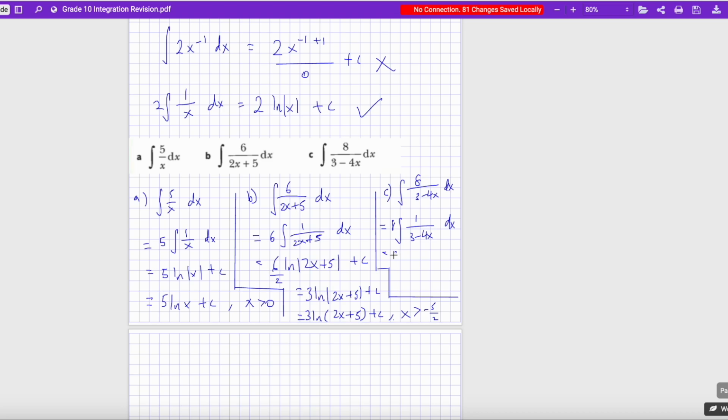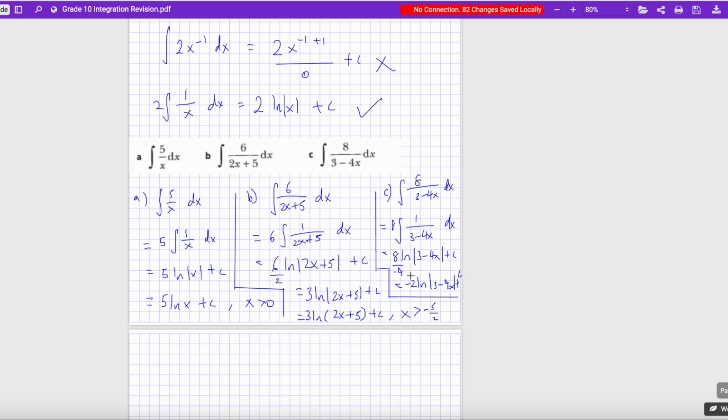That would be 8 ln of 3 minus 4x plus c, and I'm going to divide by minus 4, which is the differential of the bracket inside. So this will be minus 2 ln mod 3 minus 4x plus c.